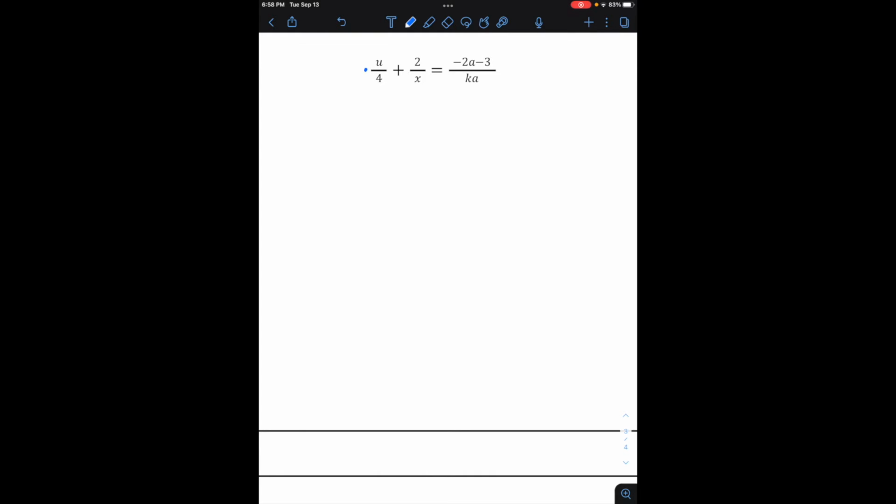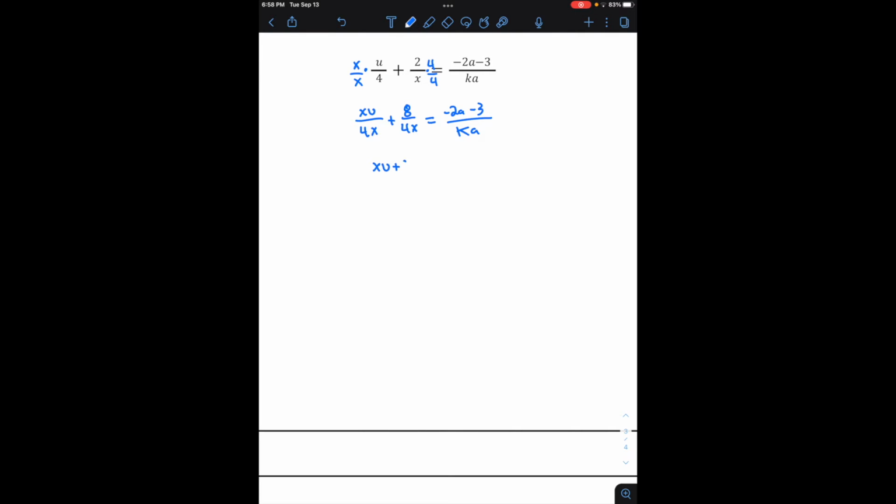So all I'm going to do is multiply this side by x over x and this by 4 over 4. Because we can multiply by 1 and it remains the same, we get xu over 4x plus 8 over 4x equals negative 2a minus 3 over ka. And now that our fractions on the left side have the same denominator, we can combine them.